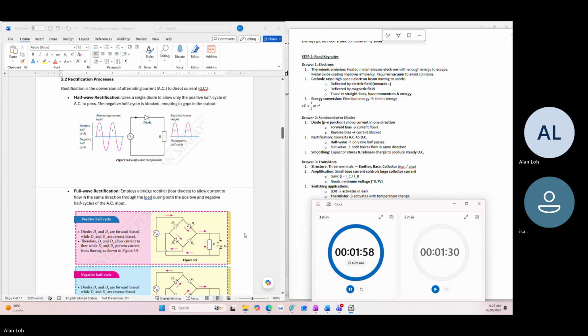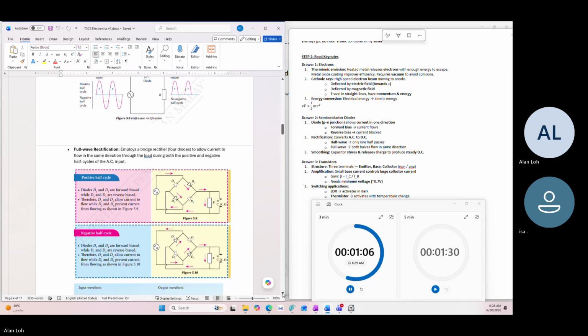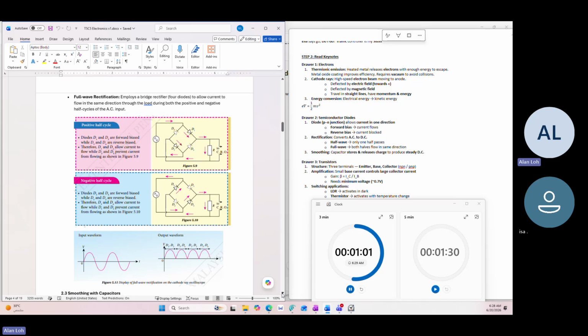Let's start now. Okay, we'll go to full wave. Just now was half wave, now it's full wave.